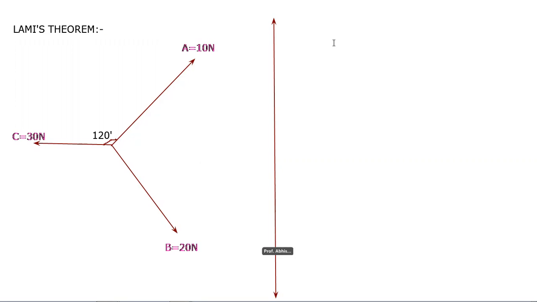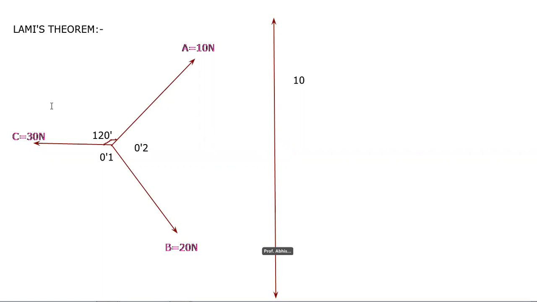Now, by using the Lamy's theorem, how will you get the equation? First one is A, A is equal to 10 Newton, 10 Newton divided by sine of theta 1. Here the angles are unknown, and therefore let's assume this as theta 1 and this as theta 2.